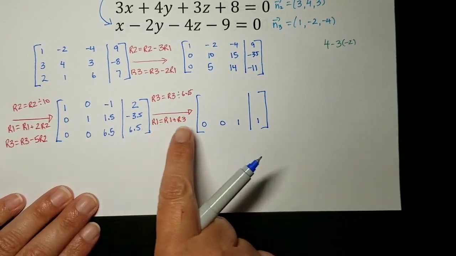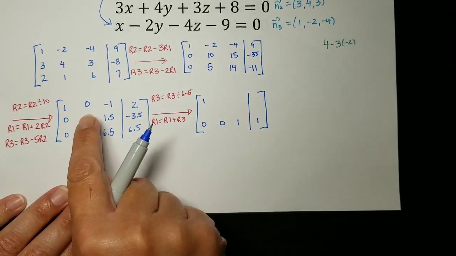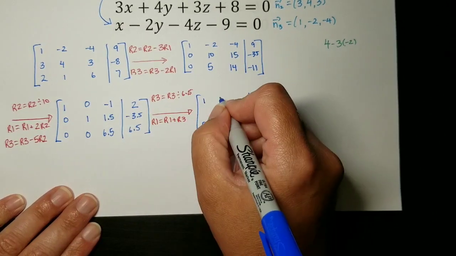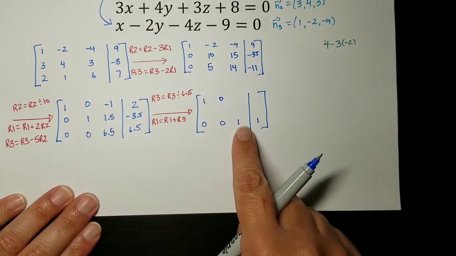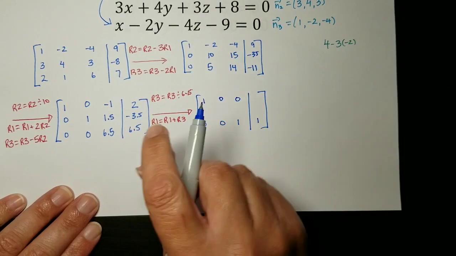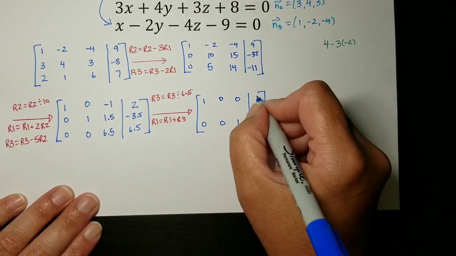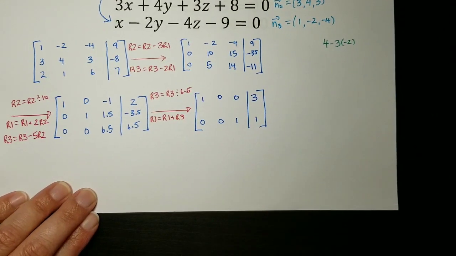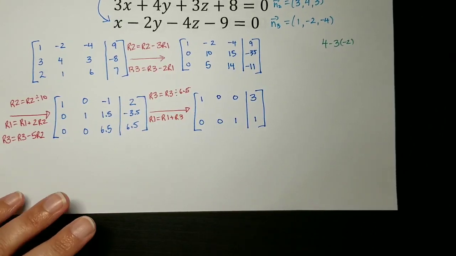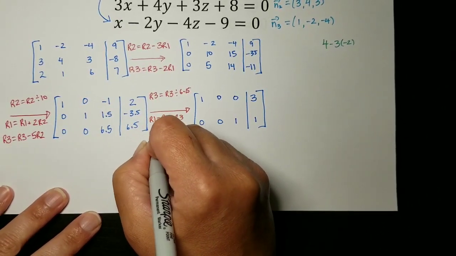So here I have 1 plus 0 is 1. 0 plus 0 is 0. Negative 1 plus 1 is 0. And then 2 plus 1 is 3. So that's all set.